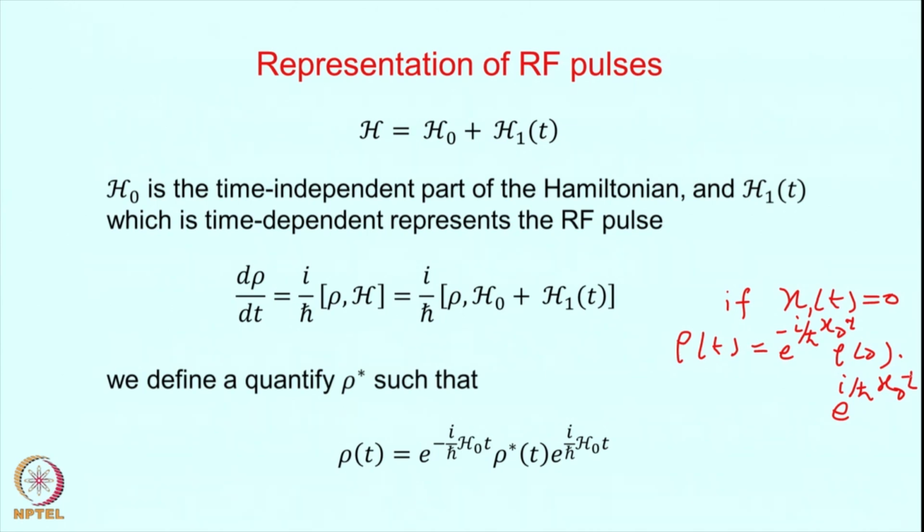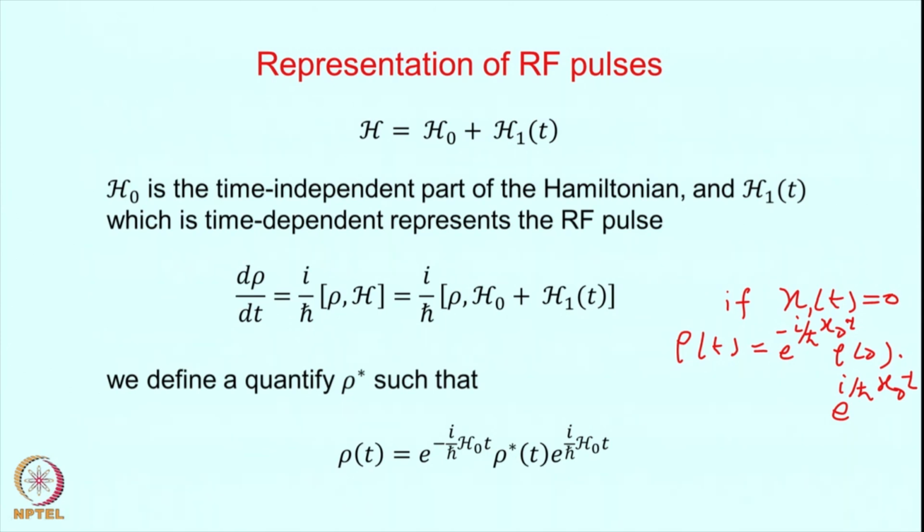So this was the solution we had. In the presence of the RF, now we would like to seek a solution which looks like this. Instead of this rho of 0 here, we put in an entity defined as rho star of t. The rest we keep the same, and we call this rho star of t.